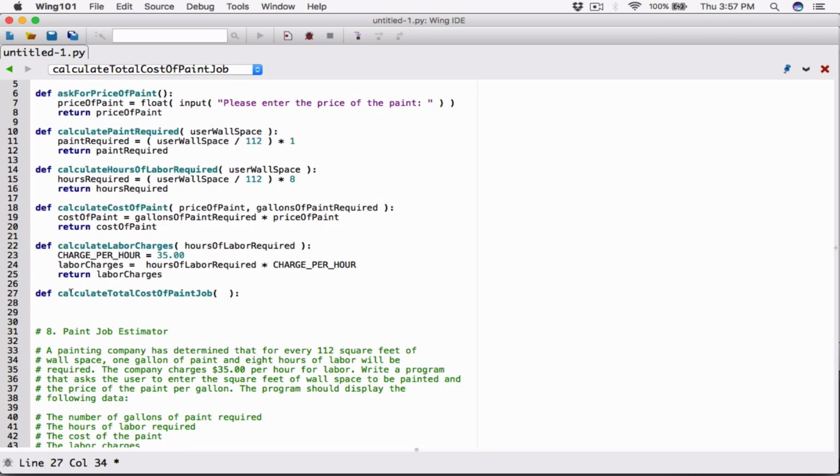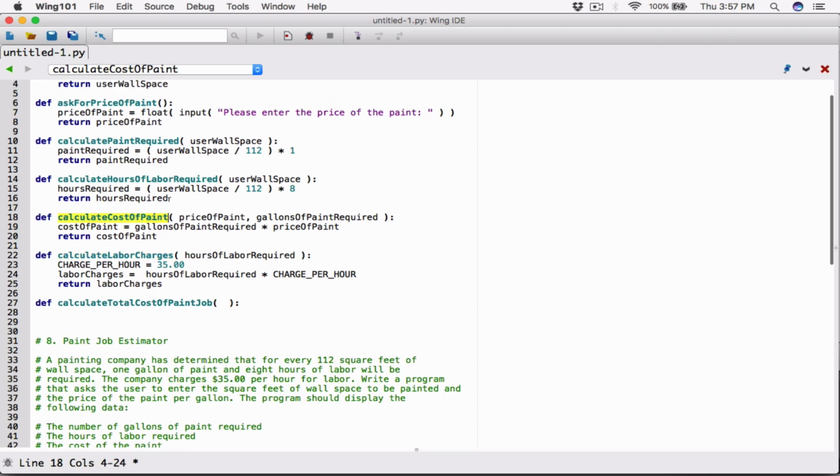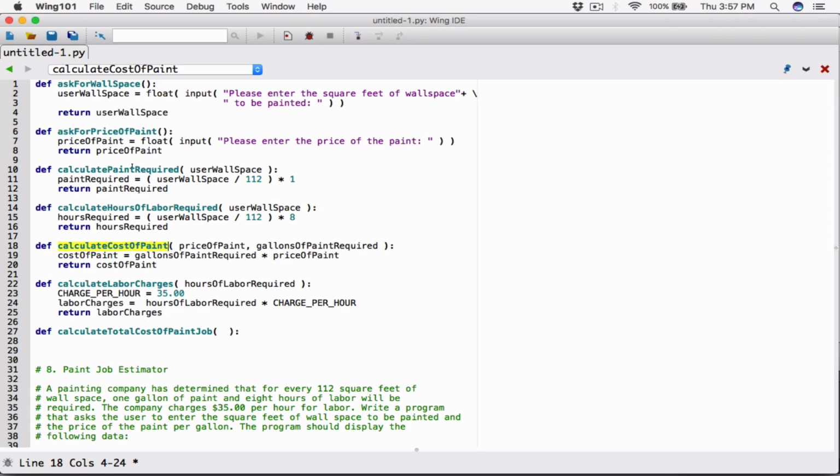When you think about it, the total cost is basically the labor charges and then the cost of the paint. These were just to calculate a few values, but the cost of the paint job is basically the cost of the paint and then the labor charges.